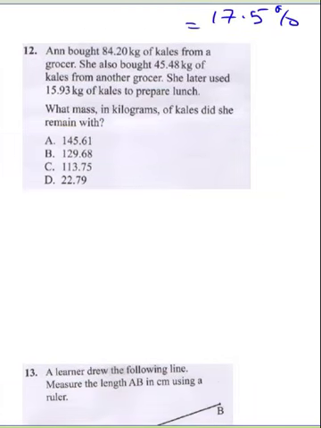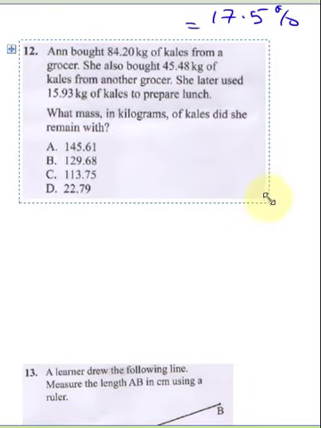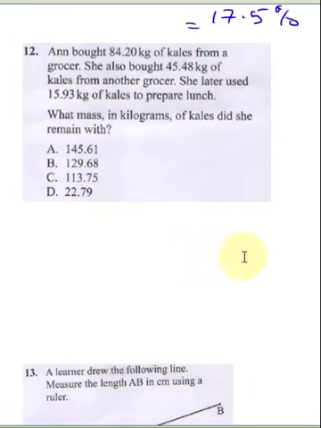So the next question says, Anne bought 84.20 kg of kales from a grocer. She also bought 45.48 kg of kales from another grocer. She later used 15.93 kg of kales to prepare lunch. What was the mass in kilograms of kales she remained with?